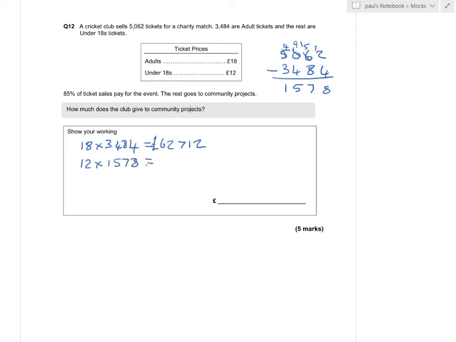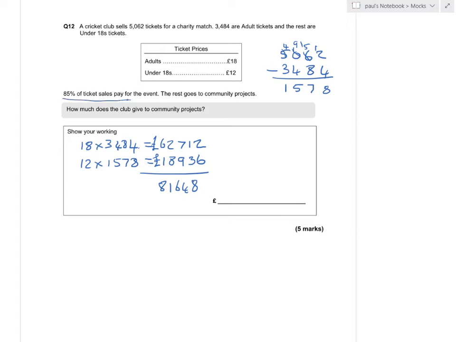So 1578 times 12 is 18936. Add these two together, plus 62712. The total there is 81,648.